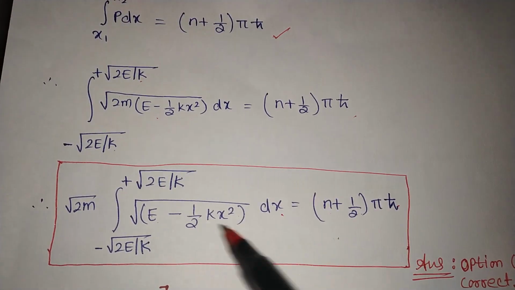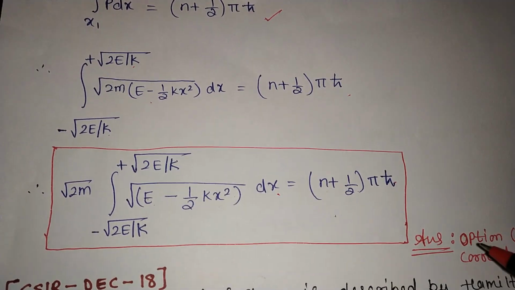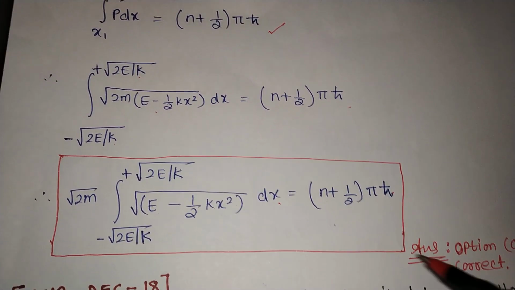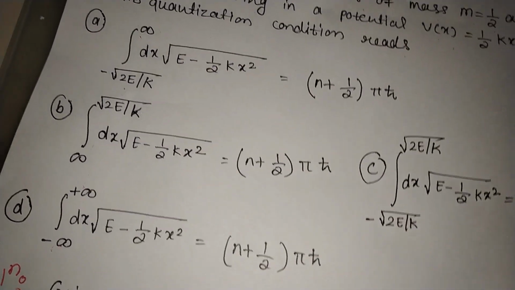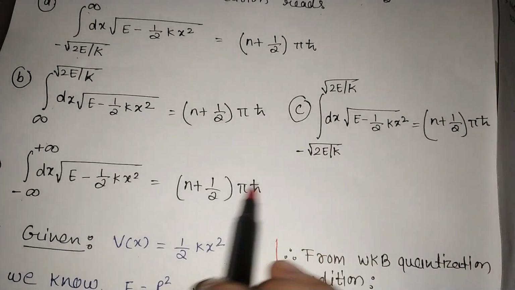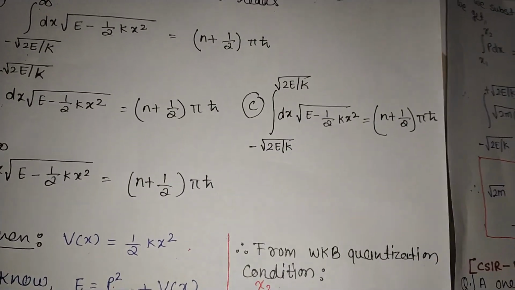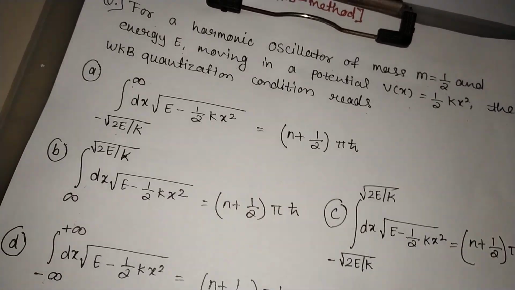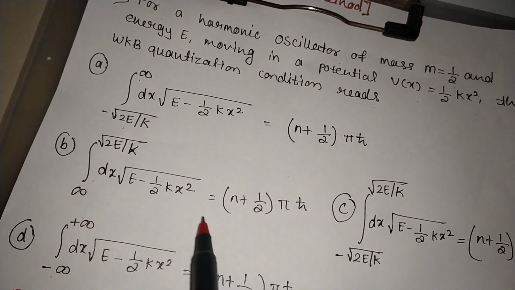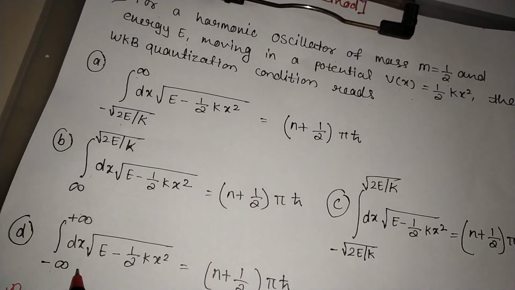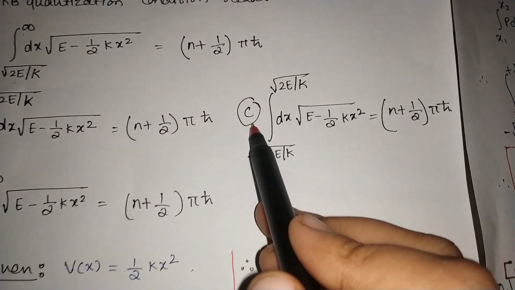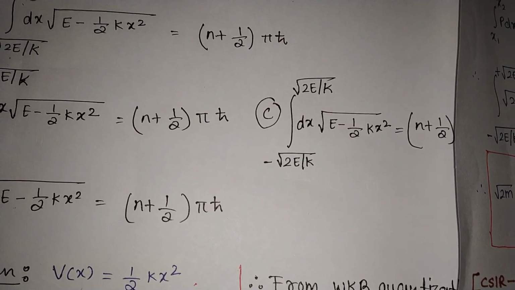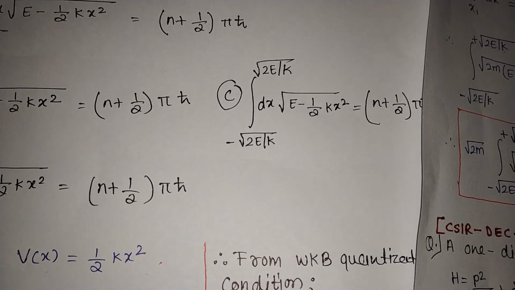Now we are not going to solve further, because this is our answer. In the question these options are given, and according to this we have to find the option. If you see the first one, it does not match with this, B is also not the same, D is also not the same, but if you see option C, here we have the exact same answer that we have got.